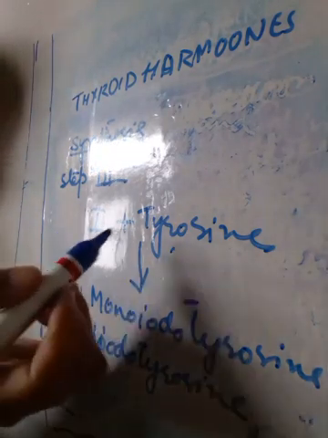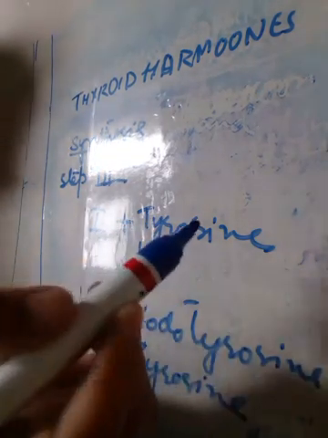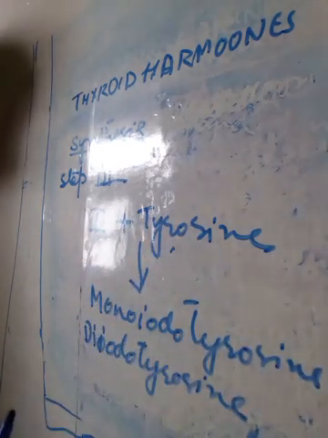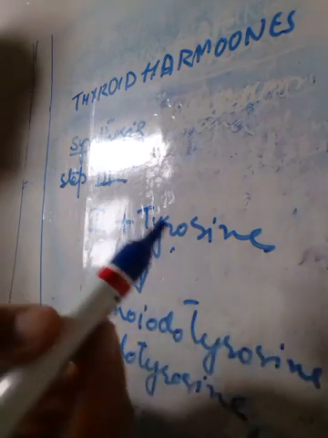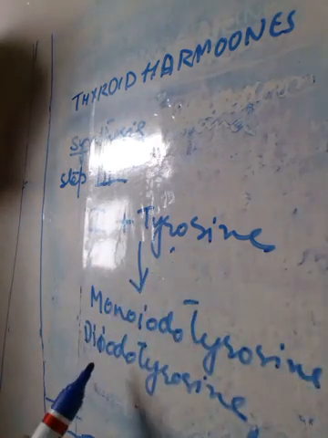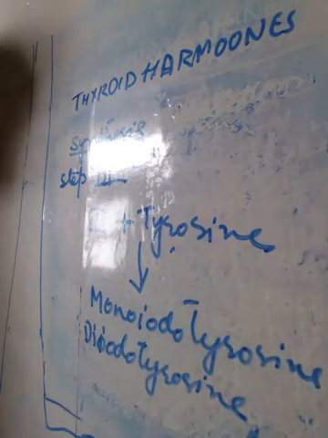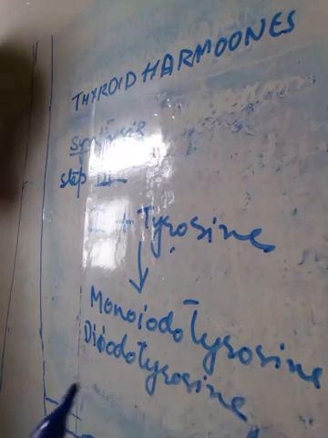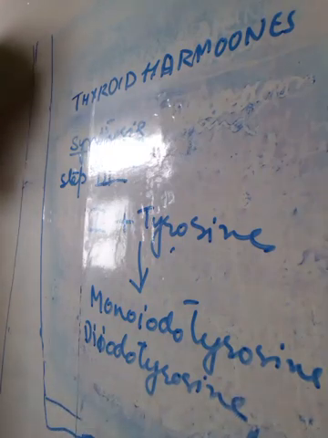When one atom of iodine gets combined with the tyrosine, it forms monoiodotyrosine. However, when two atoms of iodine combine with the tyrosine, we call it diiodotyrosine. So, step third involves the combination of iodine and tyrosine, which forms monoiodotyrosine and diiodotyrosine.